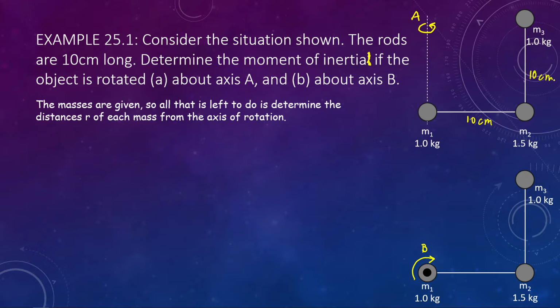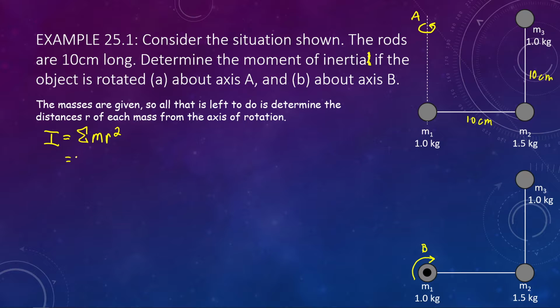So if we wanted to calculate the moment of inertia for that object, we know by definition it is the sum of mr squared. In this case, we have three different masses, M1, M2, and M3, which means we are going to have three moment of inertia terms in our equation.